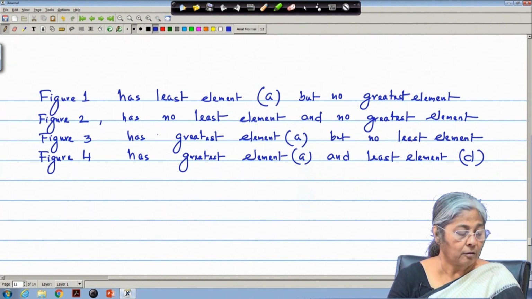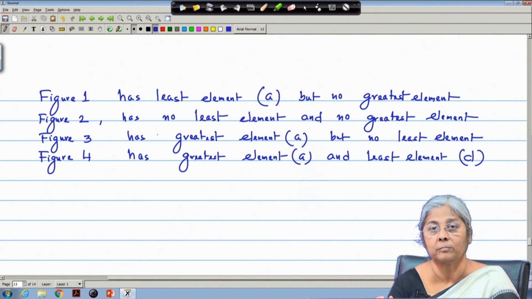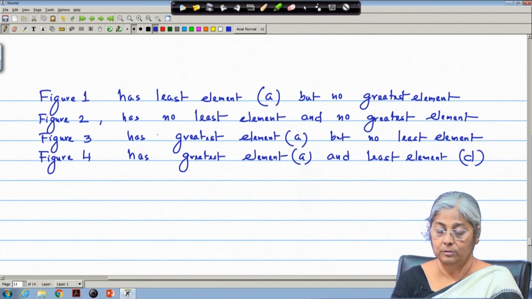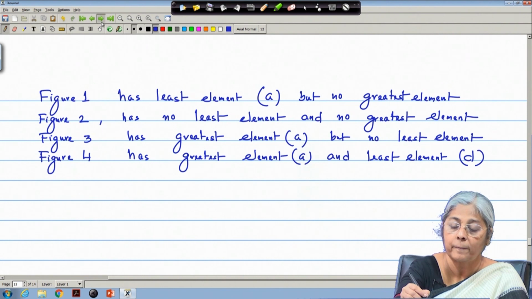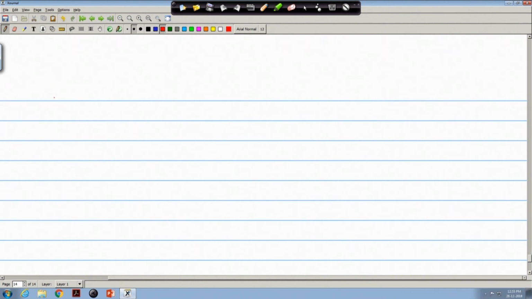Now, we can define the lower bound and upper bound.